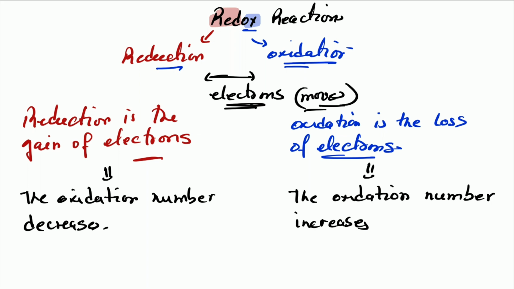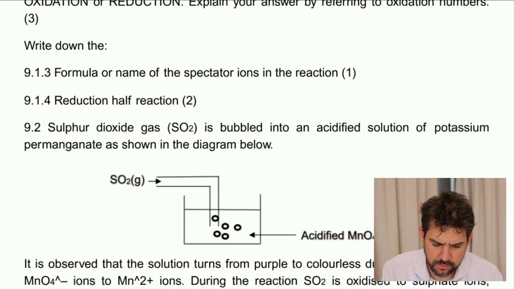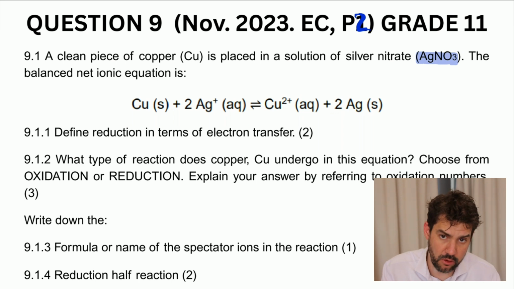So now we know what is redox reaction. We know that redox reaction is divided into reduction and oxidation, and we know what each of them is in terms of oxidation number as well as electron transfer. Guys, that was question 9.1.1, to define reduction in terms of electron transfer. You know it is going to be the gain of electrons.